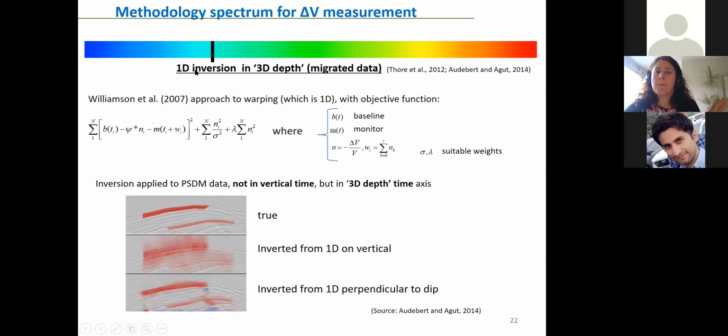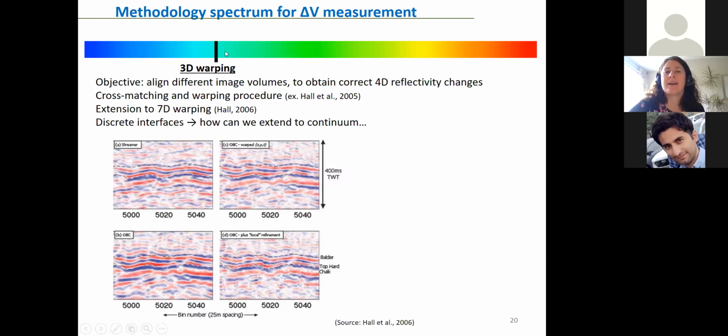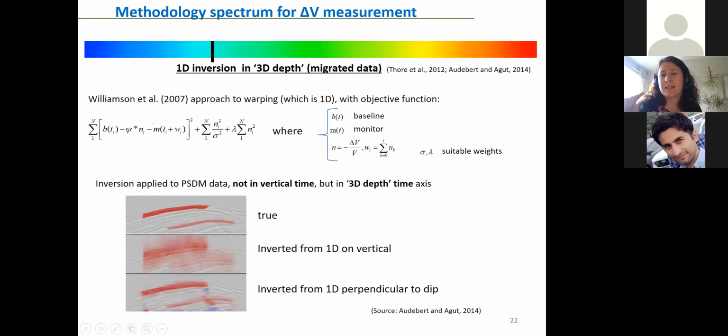So this is my name for the method, but in fact they call it warping again. And I didn't want to use it here because warping was used previously by Hall et al. So let's call this 1D inversion in this 3D depth domain.